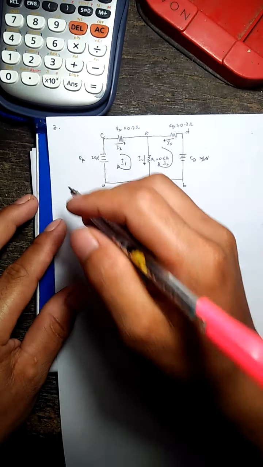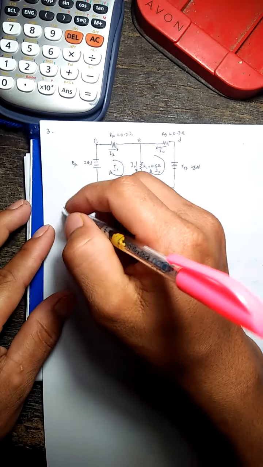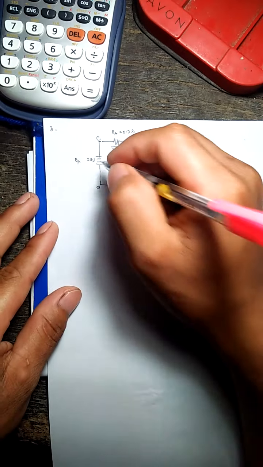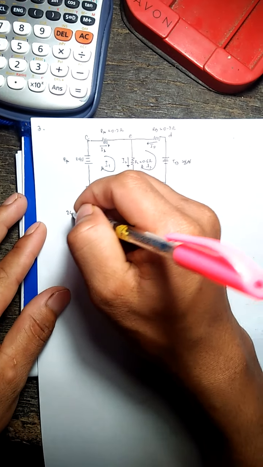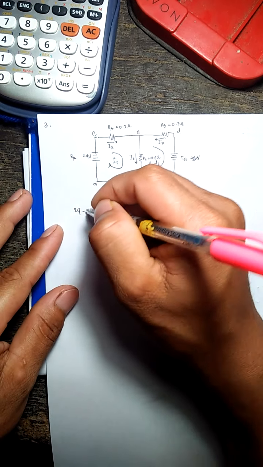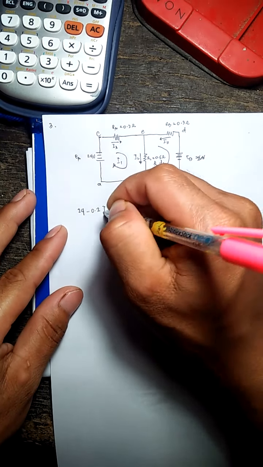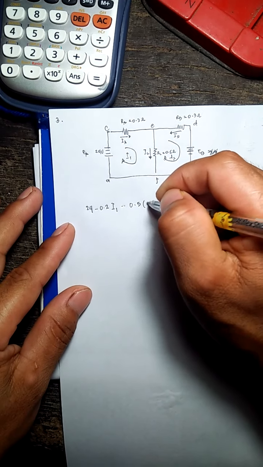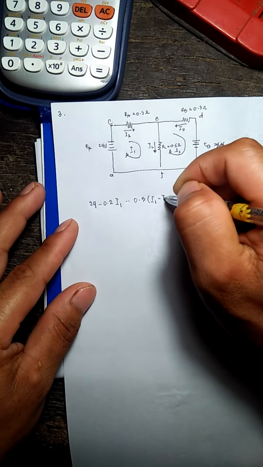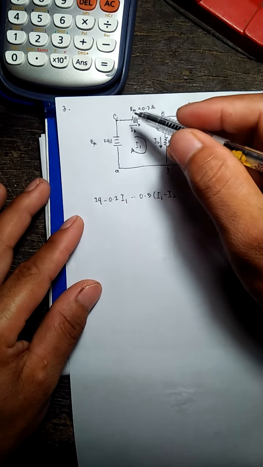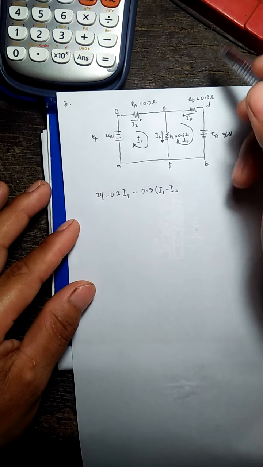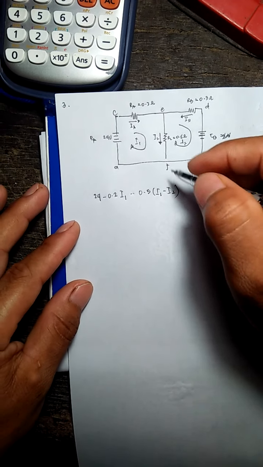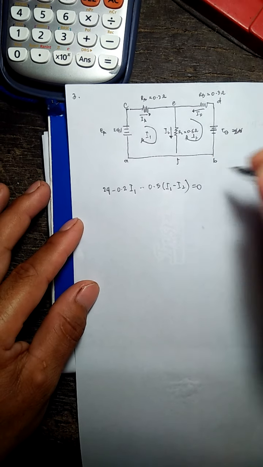First we make an equation. Applying KVL on loop 1, we have 24 minus 0.2 I1 minus 0.5 (I1 minus I2), since IL is the sum of the currents IA and IB, is equal to 0.